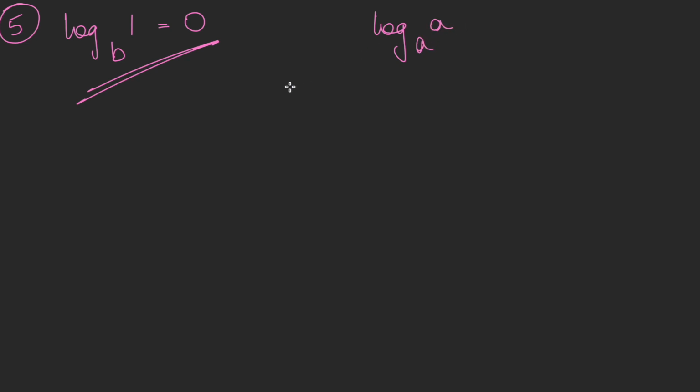Now for this part of the video, let's quickly go over two things. In an exam, if you ever face this, log b 1, this is always 0. This is a no-brainer. You do not have to think about this. Now that's one. The second one is, if I have a logarithm which is log a base a, the value of this will always be 1, no matter what.